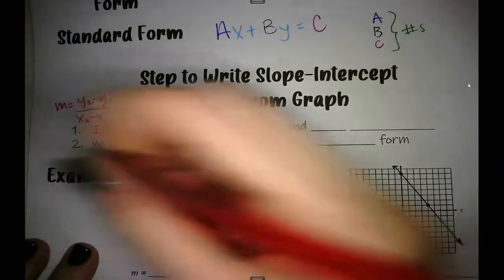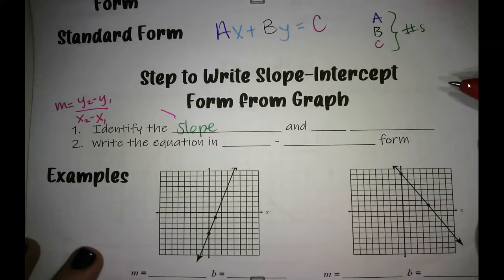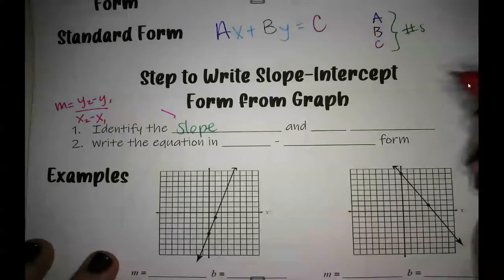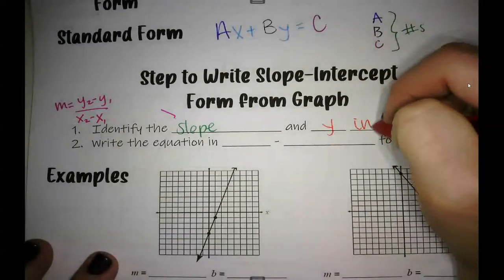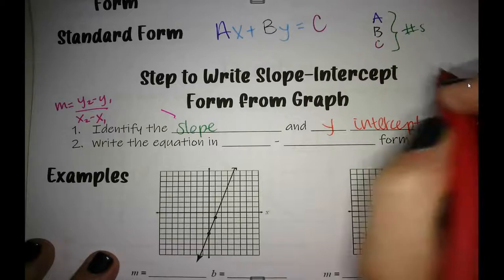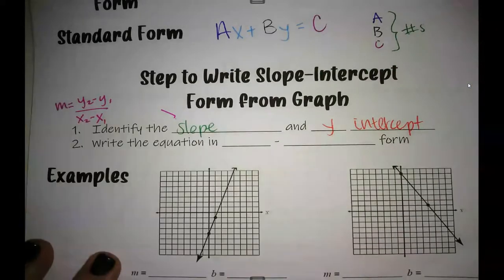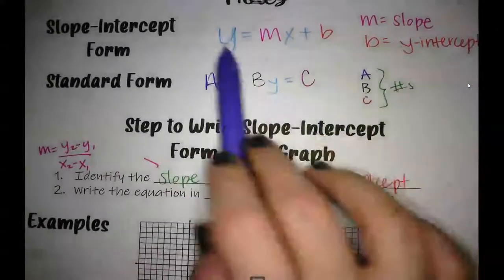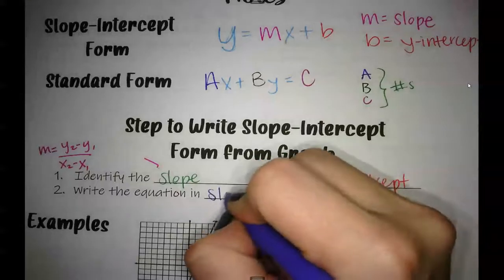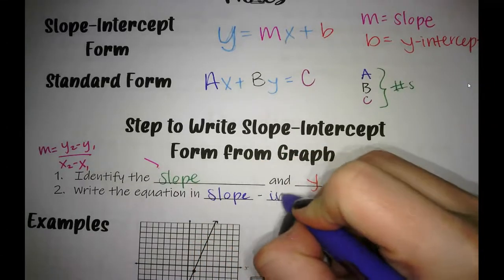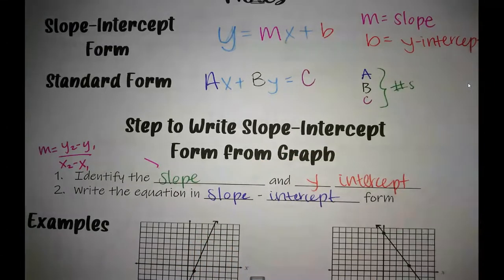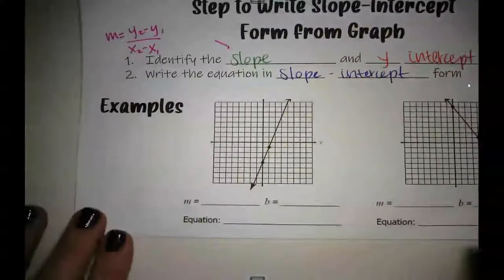And then we want to also identify our y-intercept. Once we have those two things identified, then we can fill in this slope intercept form.